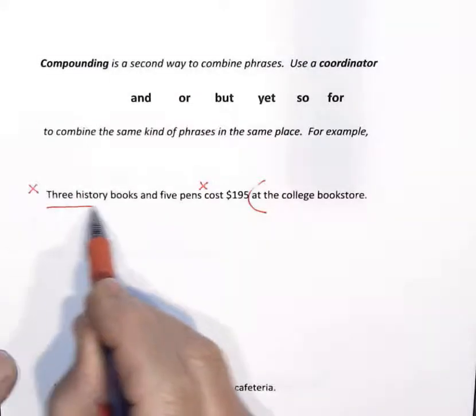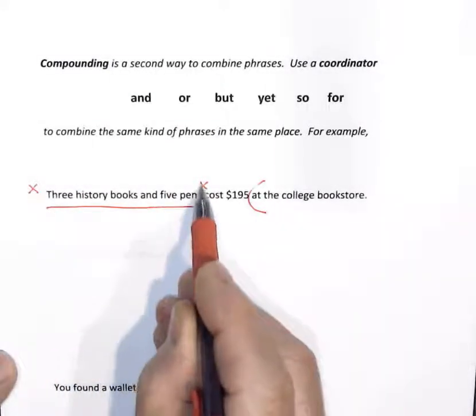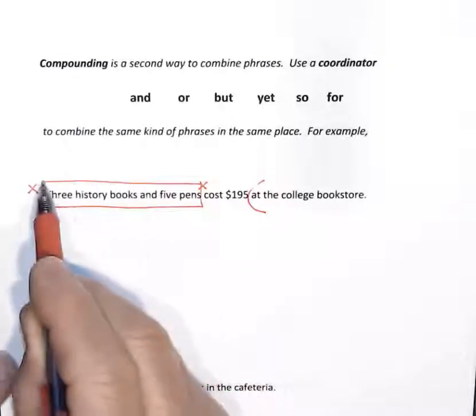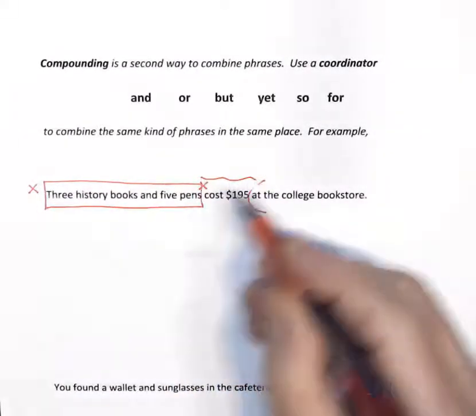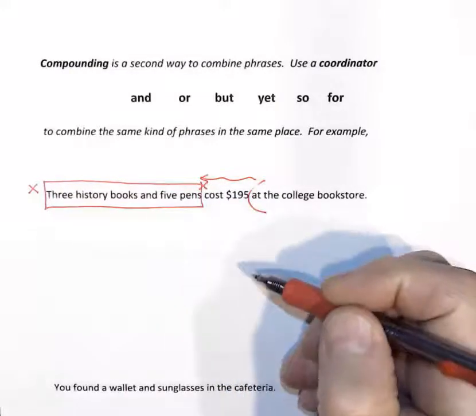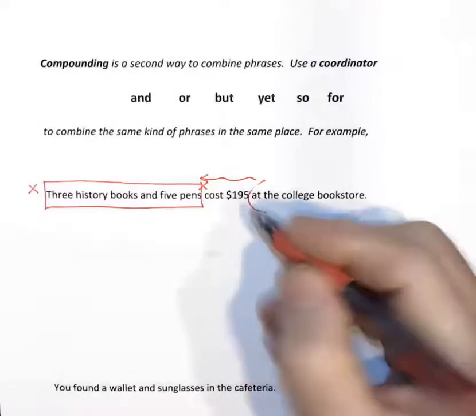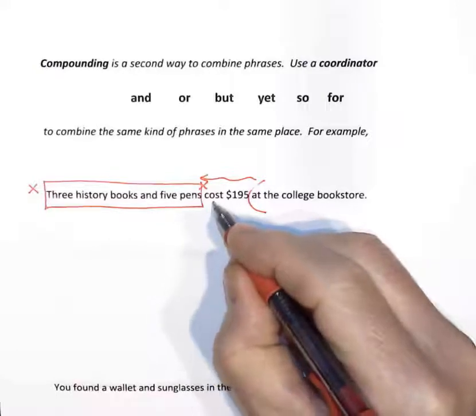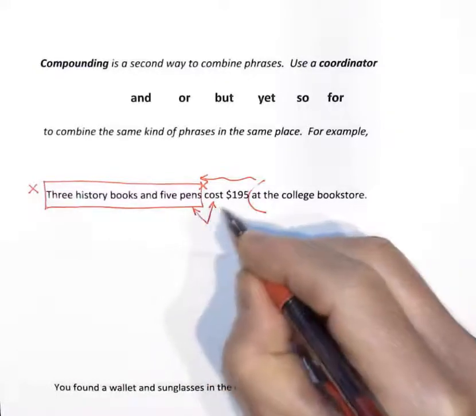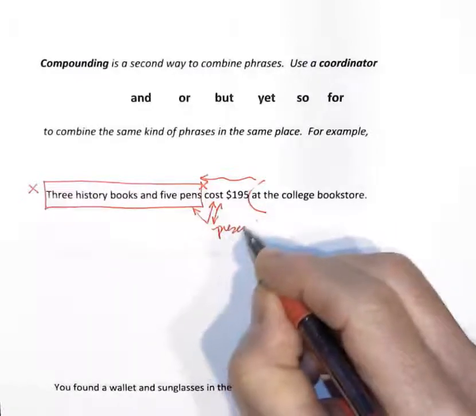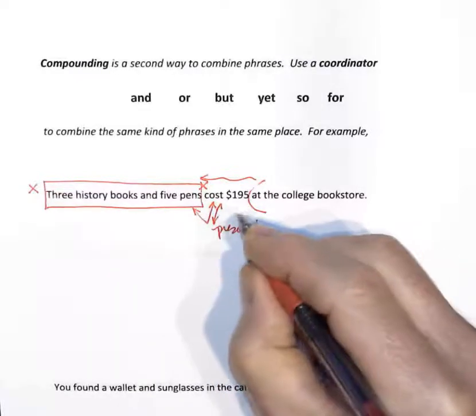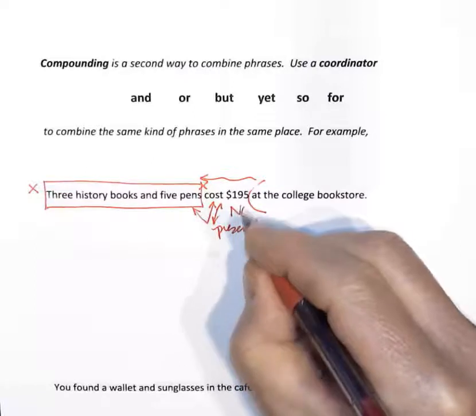And so 3 history books and 5 pens is the subject, and cost $195 is the predicate. Now, we'll look for the ties. Cost ties with the subject. Cost ties with the present. And cost is the no S form.